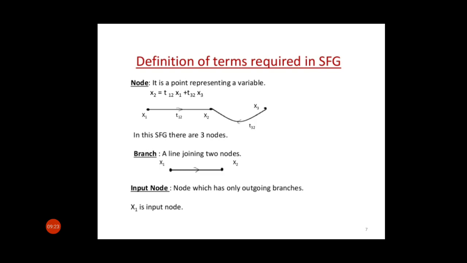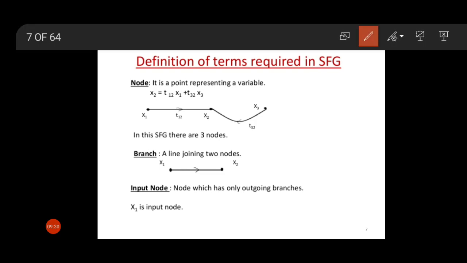Generally a node can be represented by a dot. So this node represents a variable or signal. If you want to represent any signal, then you represent that with a node only.